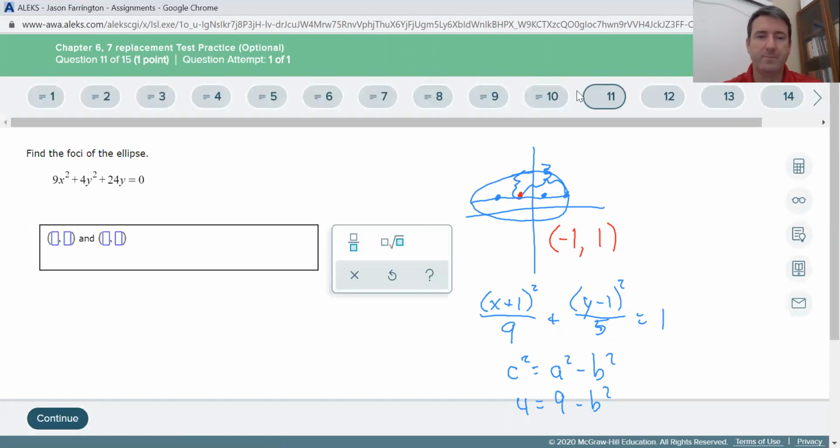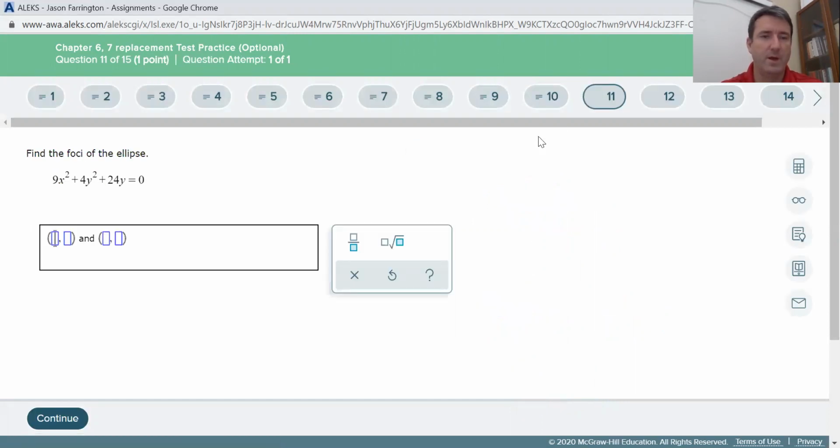Number 11. Find the foci of the ellipse. So this is another one where we're going to have to complete the square in order to figure out what the foci are here. So let's put this into standard form by completing the square. We're going to put the x's together and the y's together.